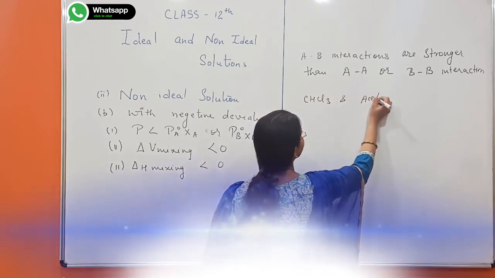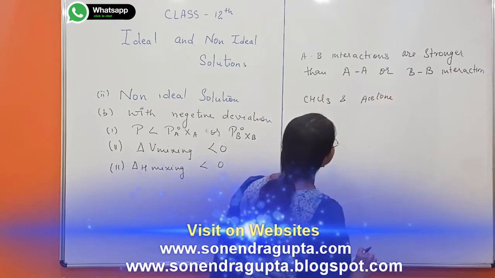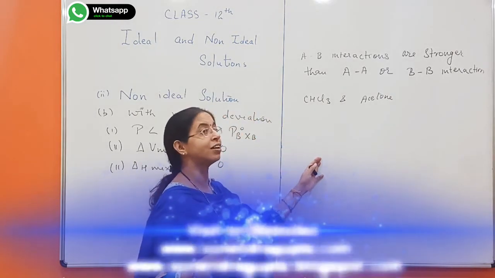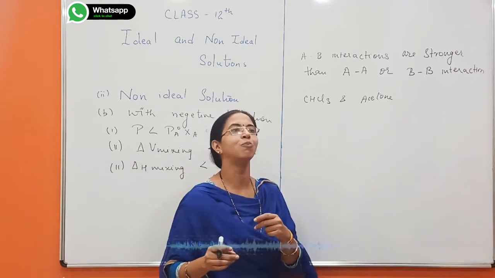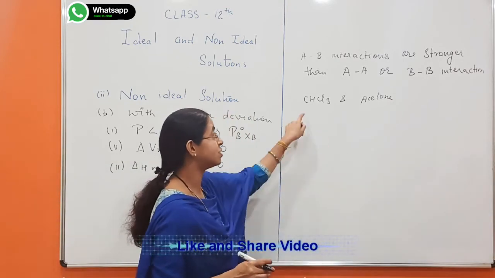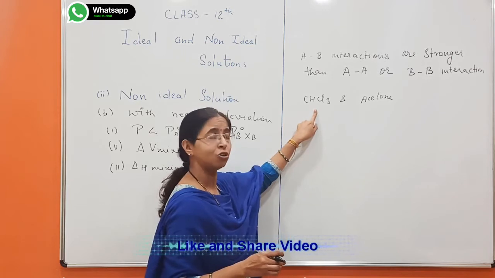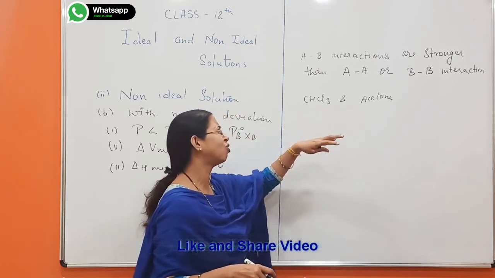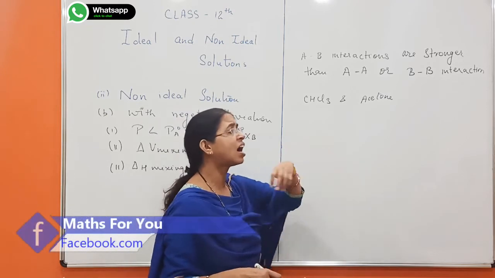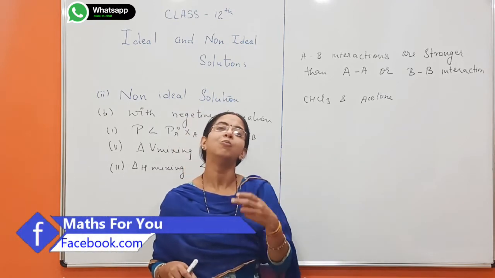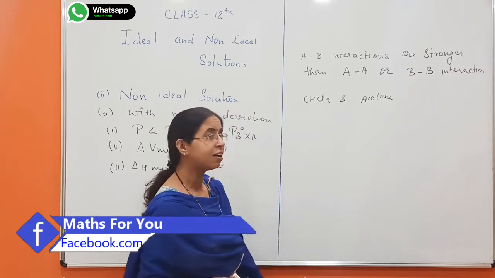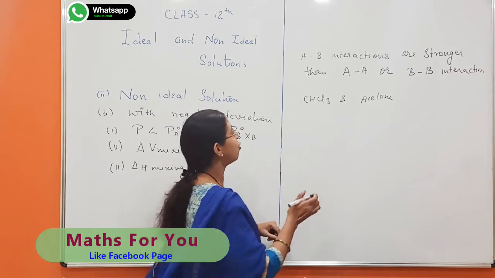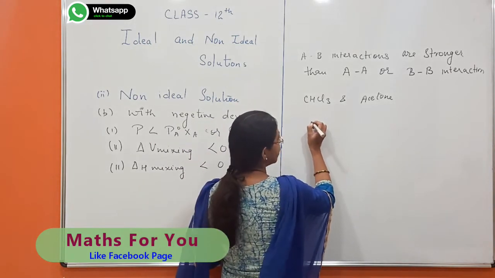Now, what happened in this? Here, in the solution, a hydrogen bond is formed. Because CHCl3 and acetone are not themselves in a mood of hydrogen bonding, but when they get mixed, they will form a hydrogen bond.